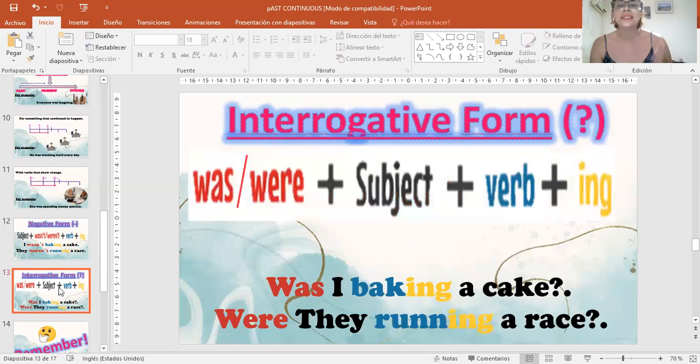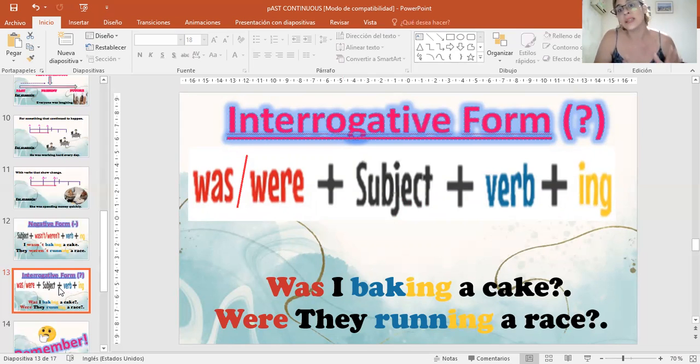How about the interrogative form? In interrogative form, I have something very particular. Why? Because it's going to change places the subject with the verb, to contrast with the affirmative form, for example.